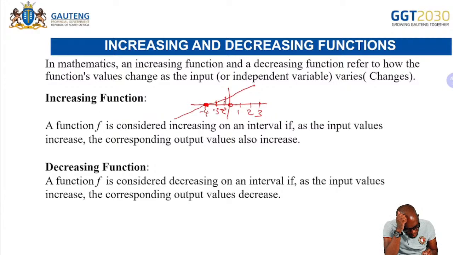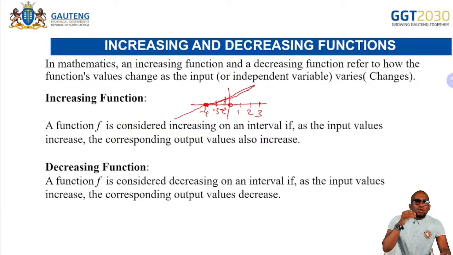From y equals 0 here, you can see that the y values keep on increasing. So if we have a situation where an increase in x values corresponds to an increase in y values, then we say a function will be increasing in that interval.